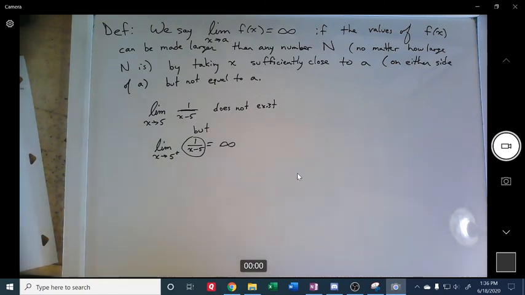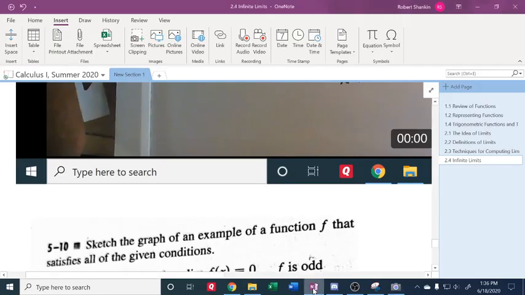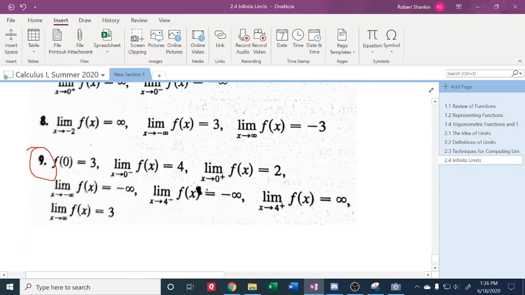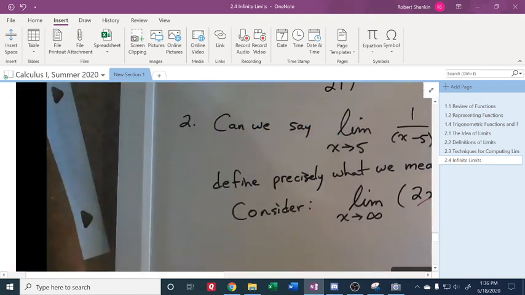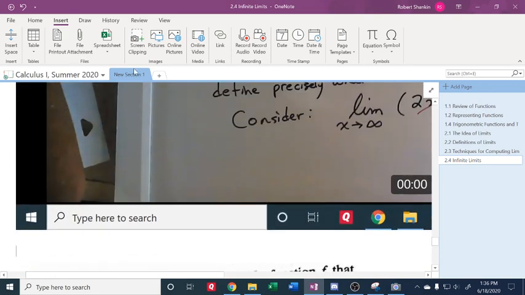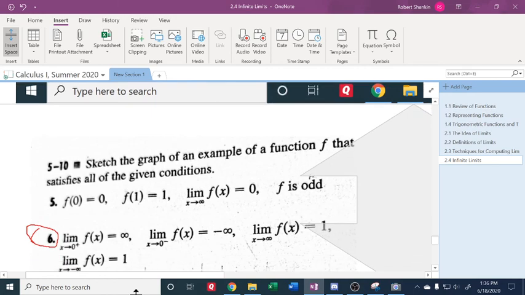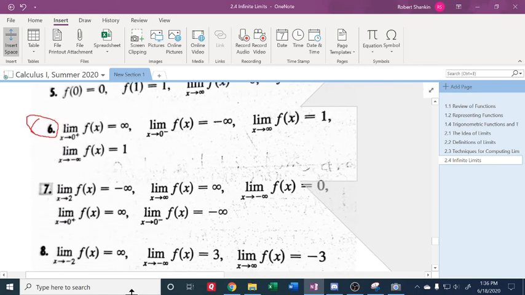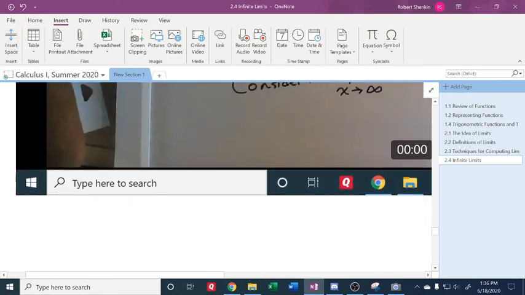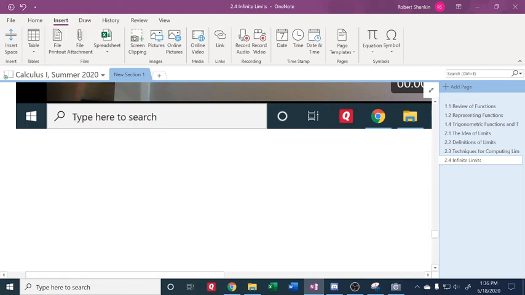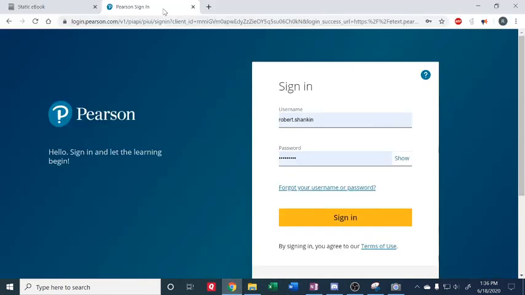Now let's switch over here. All right. I think I covered up, so I'm going to have to create some more space. And let's go to the textbook.